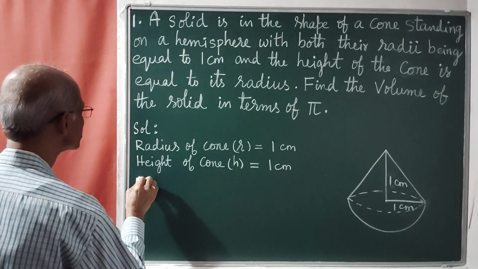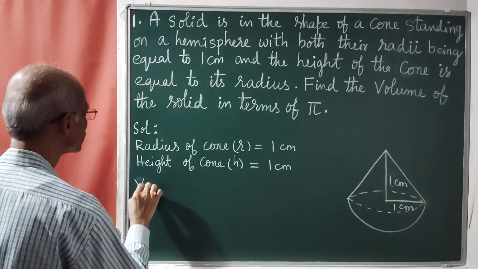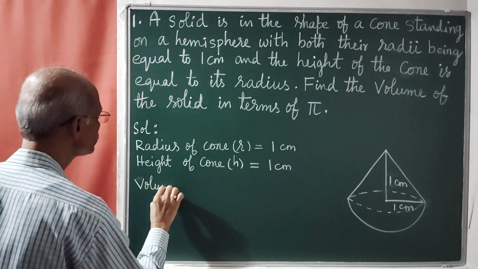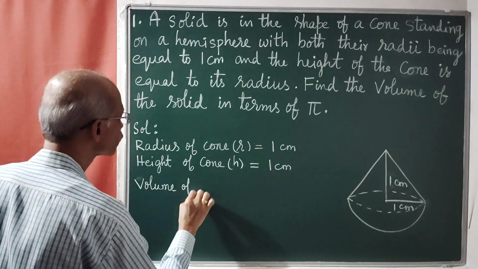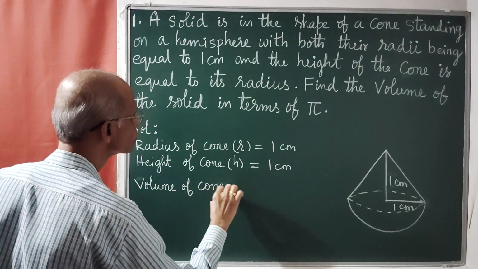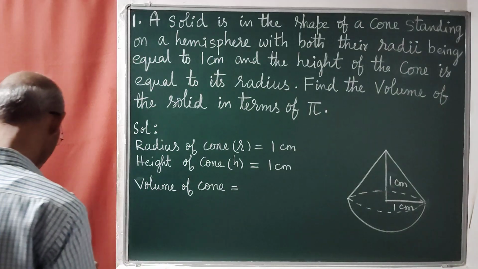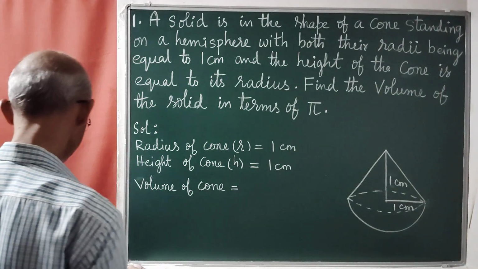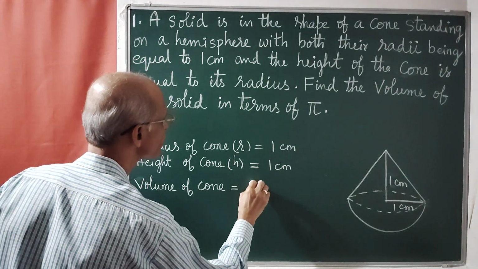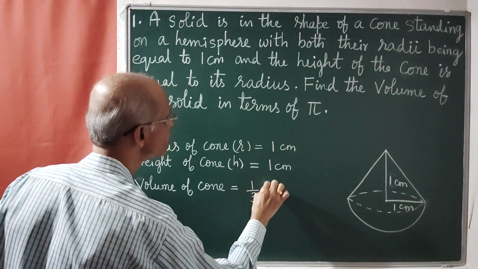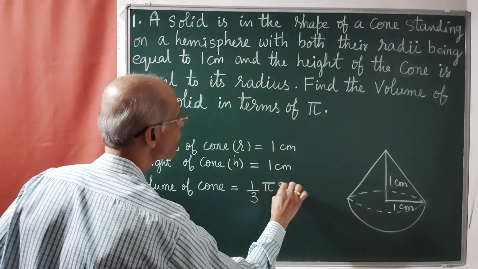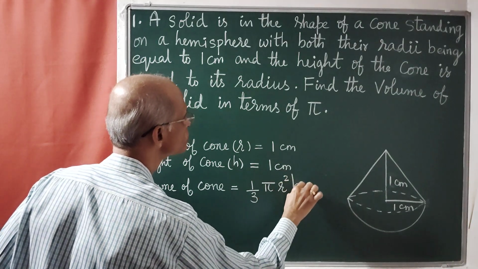Now we'll find volume of the cone. Volume of cone is equal to 1 by 3 pi r square h.